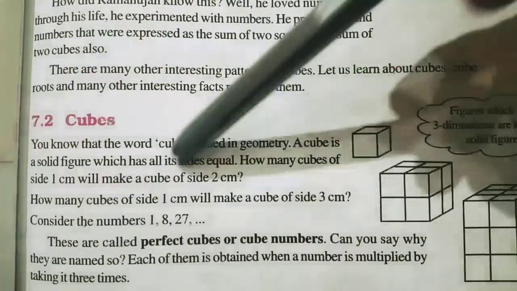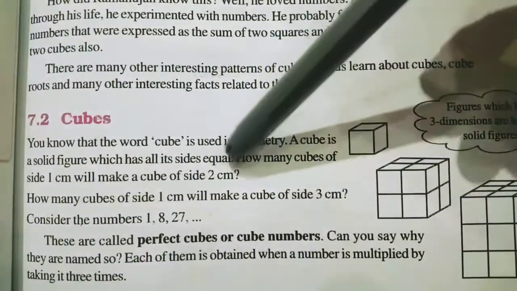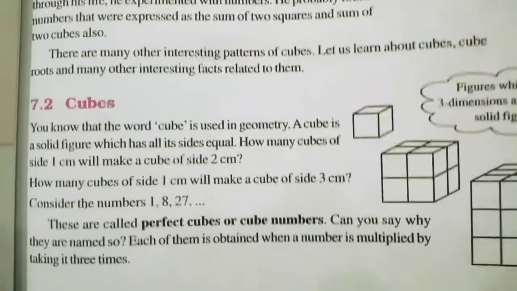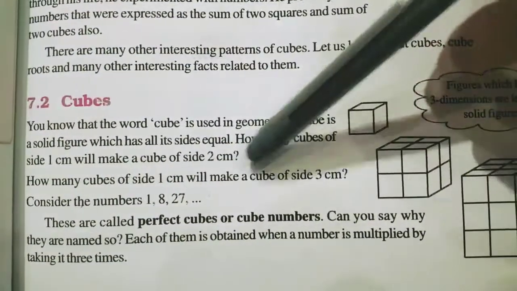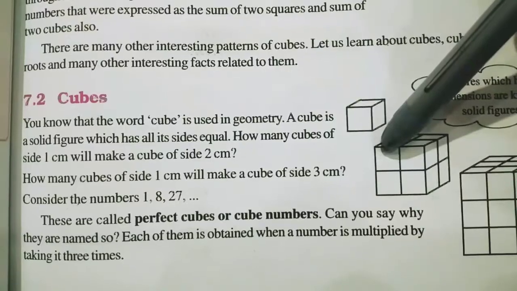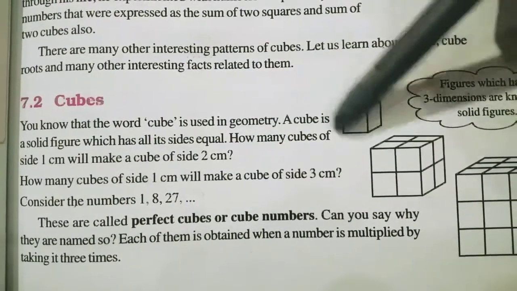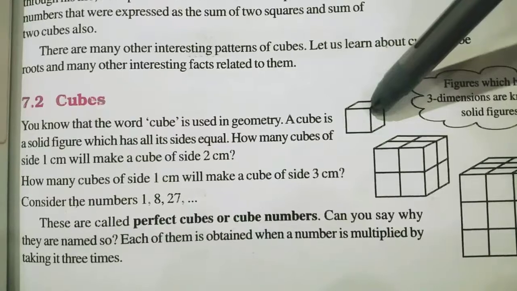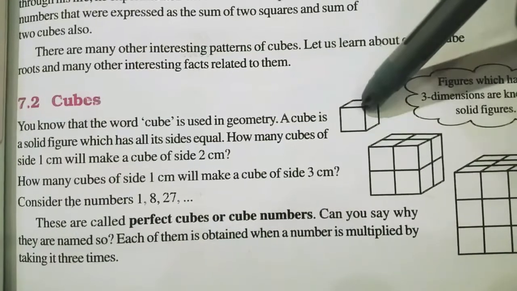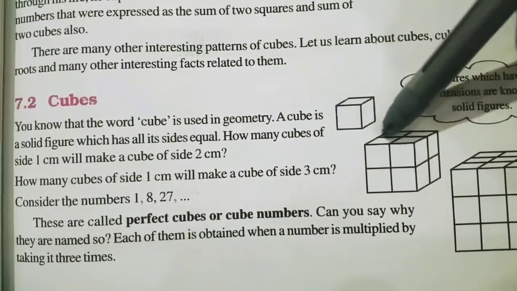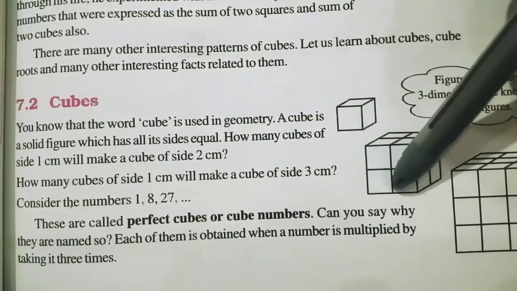How many cubes of side 1 centimeter will make a cube of side 2 centimeter? Here it is asked, how many cubes of side 1 centimeter will make a cube of 3 centimeter? This cube, the length of this side is 1 centimeter. So how many cubes of length 1 centimeter will make the cube of 2 centimeter?